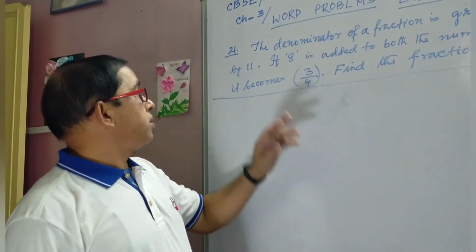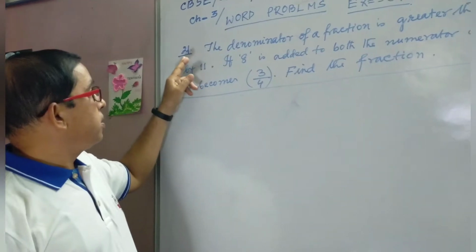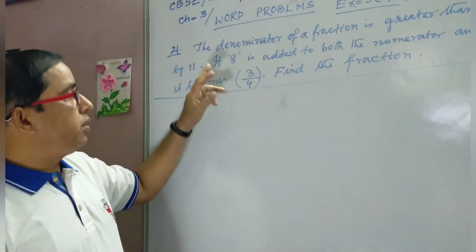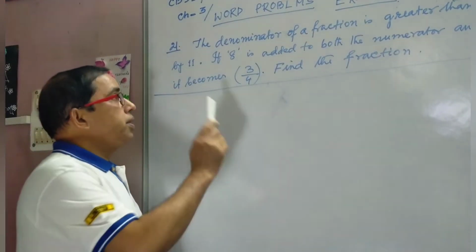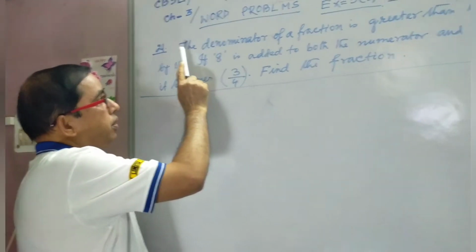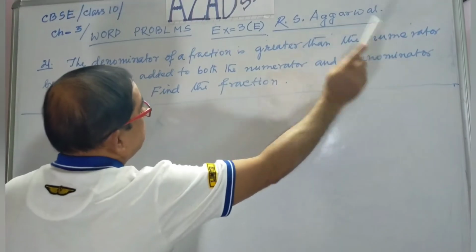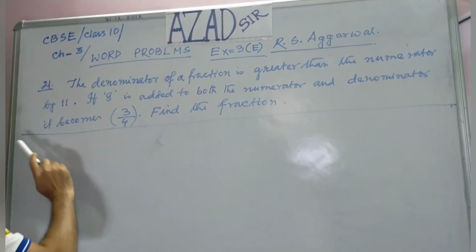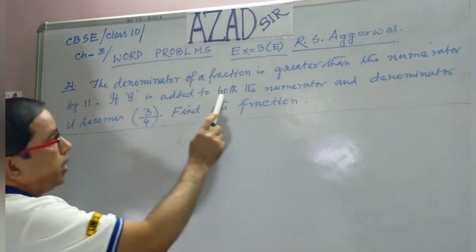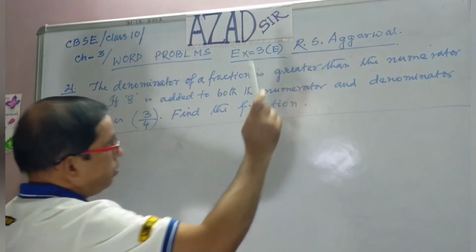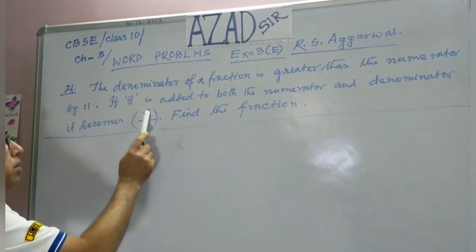Now we want to discuss the second problem, that is number 21. I am reading the problem. It is from R.S. Agarwal. The denominator of a fraction is greater than the numerator by 11. If 8 is added to both the numerator and denominator, it becomes 3 by 4.